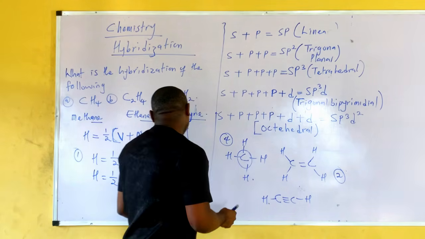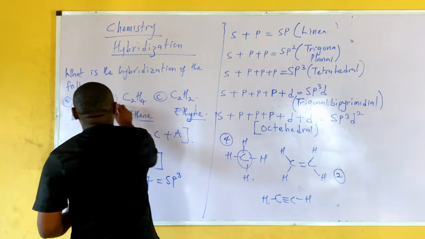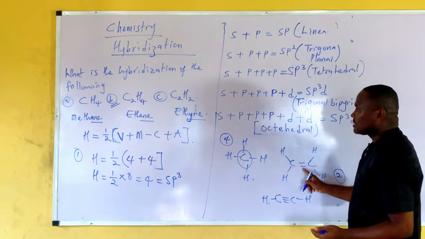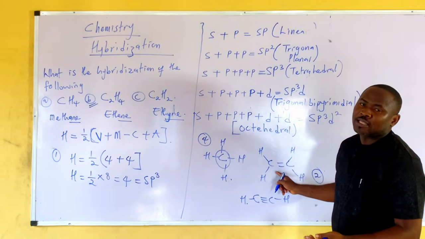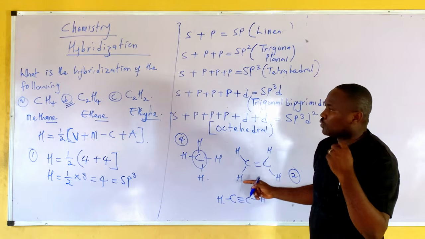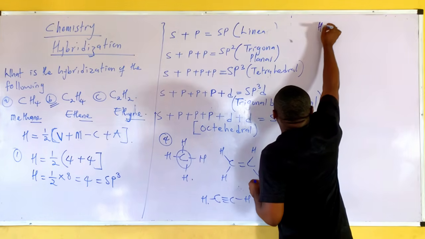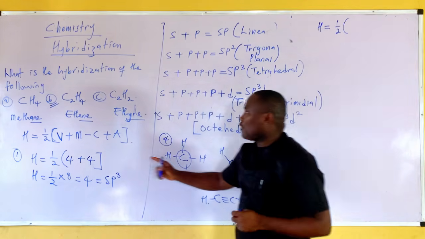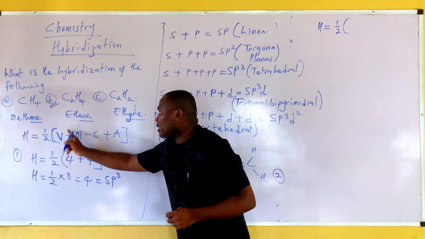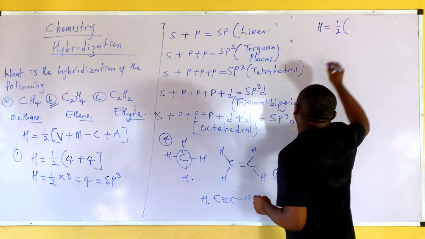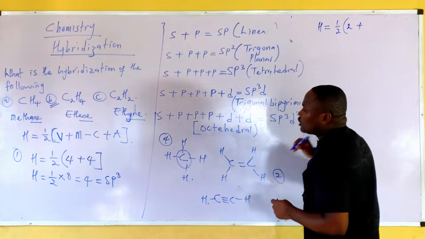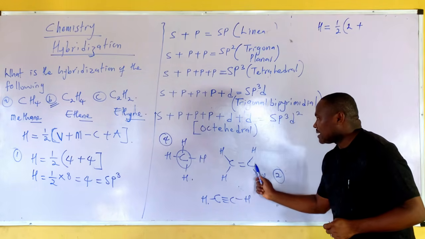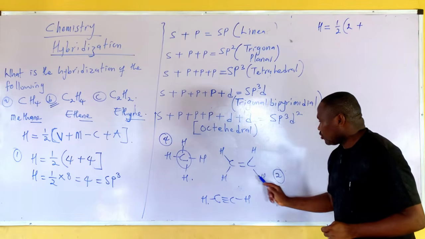Now let's look at another example, which is example B. Remember I've told you that for this case, the carbon atom here has valence electron 2 and not 4. So that means H will now be equal to 1 over 2 open bracket. Instead of 4 as in example 1, here it is now 2. Carbon is 2 plus, what is the number of monovalent atoms surrounding the central atom? 1, 2, 3, 4.